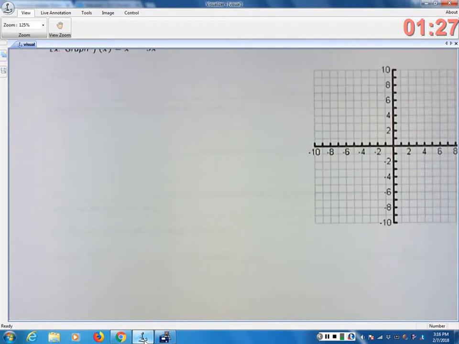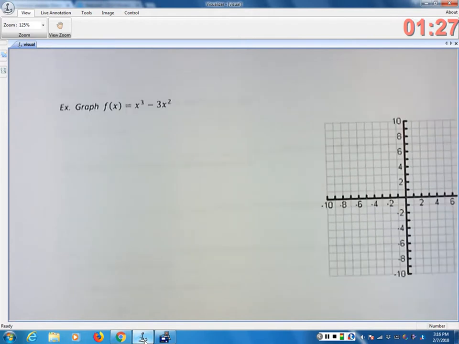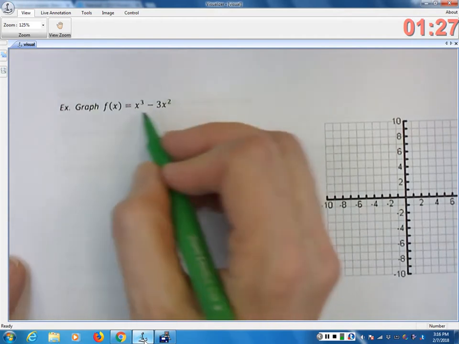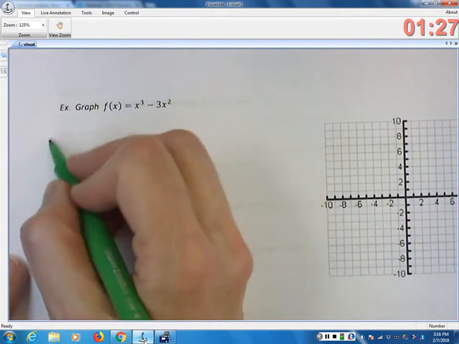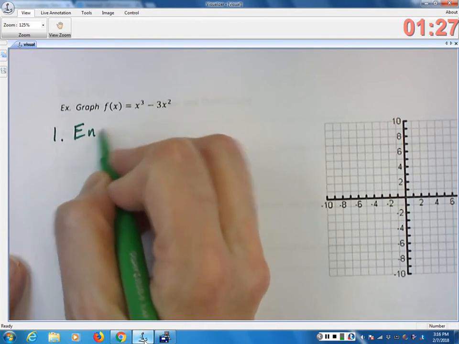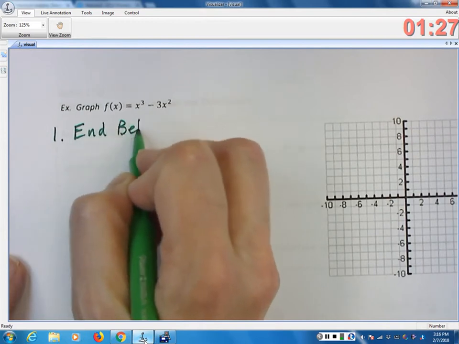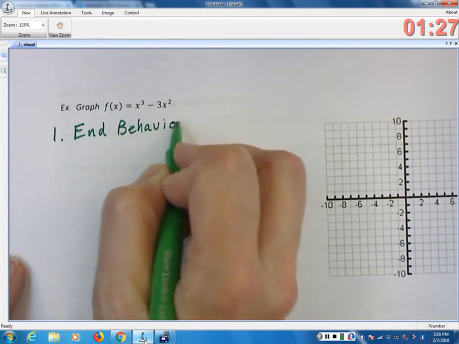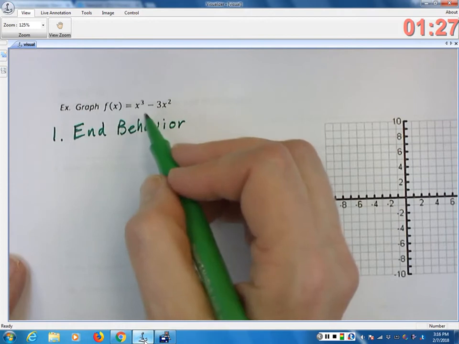So again, this one's not factored. You first look at the end behavior.